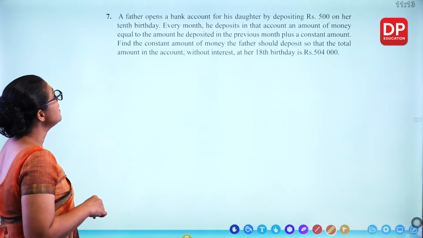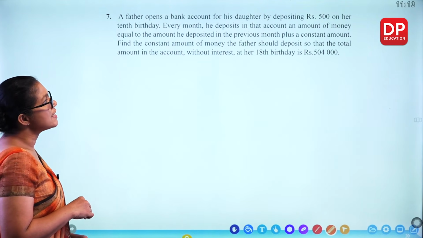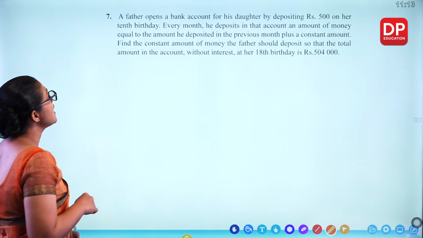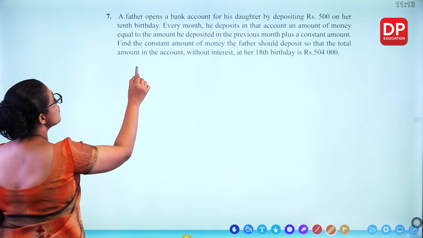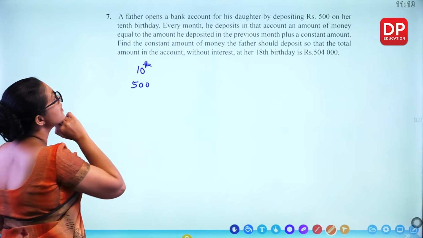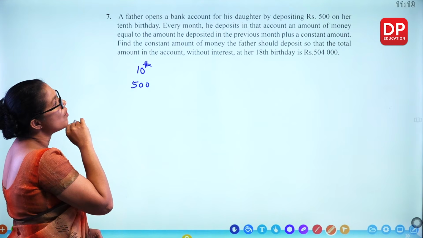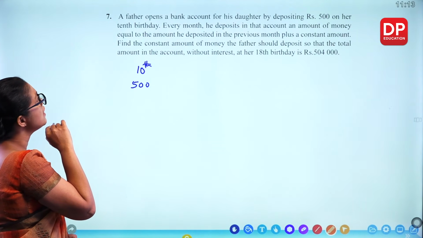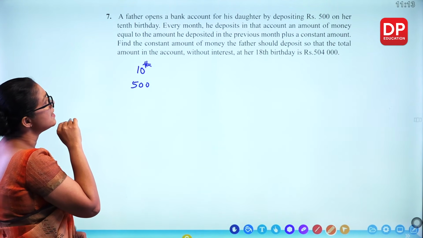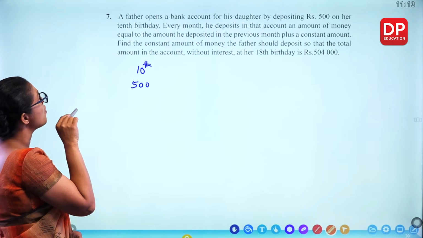Question number 7. A father opens a bank account for his daughter by depositing 500 on her 10th birthday. So 10th birthday, 500. Every month he deposits in that account an amount of money equal to the amount he deposited in the previous month plus a constant amount.